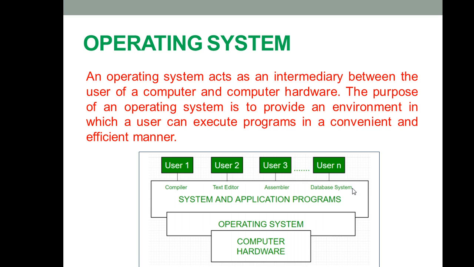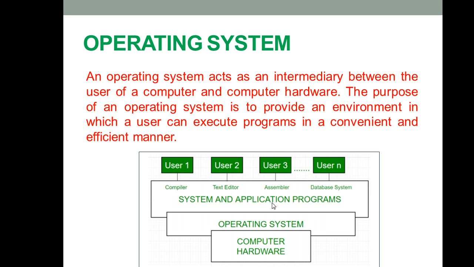Then database system, or you can say database software, like if you want to use one kind of DBMS software. So basically this is one kind of application software. For example, if you want to run any kind of query, then you can do so with the help of one kind of database software.